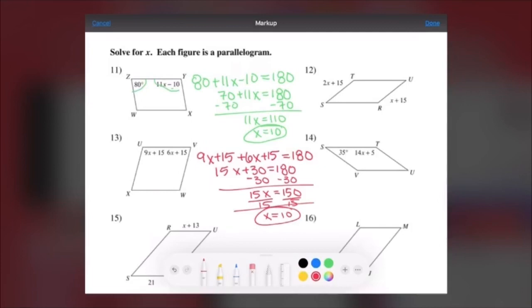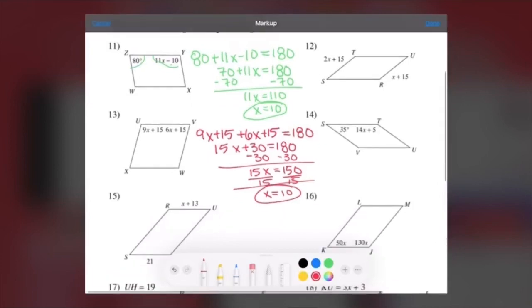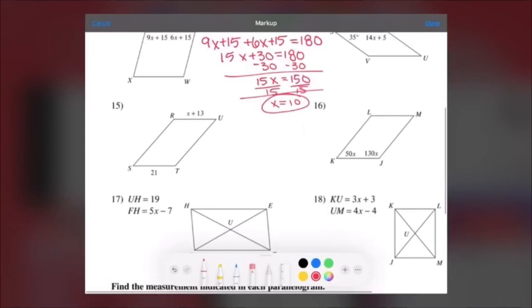So let's move on. Number 15. Number 15 says, RU is x plus 13 and ST is 21. So we know that opposite sides are congruent in a parallelogram. So we just have to set them equal to each other. x plus 13 is equal to 21.